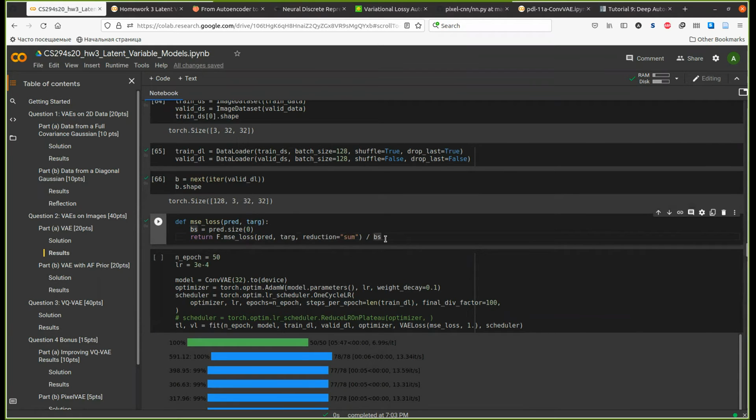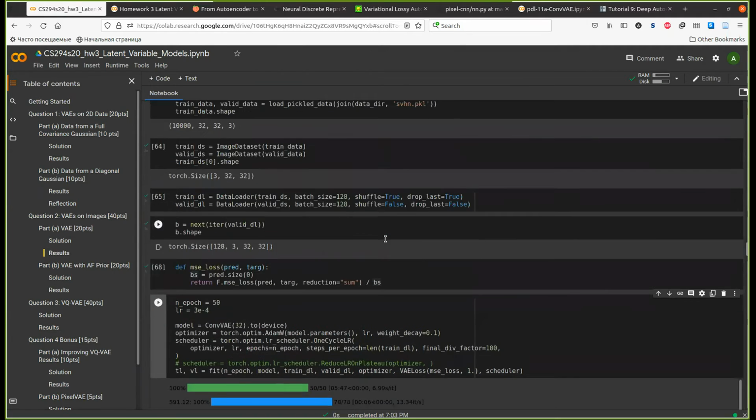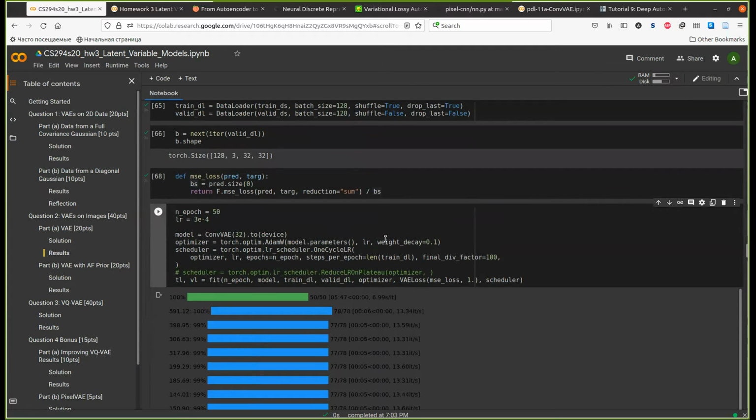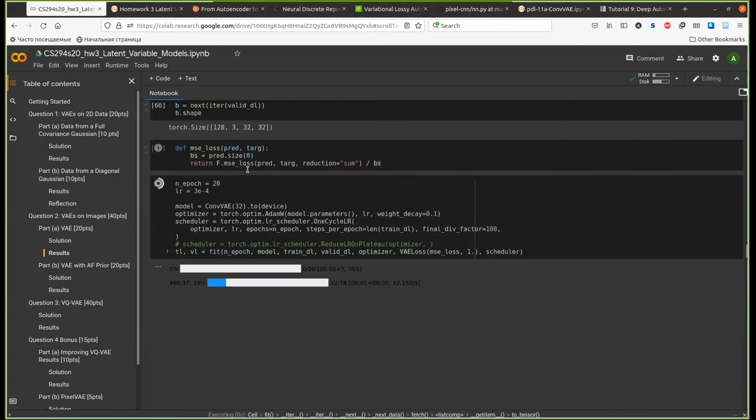In this way, it's a valid probability of X, which depends on the dimensionality of X, or rather the log likelihood of X. I probably need to decrease this one here, and run it.